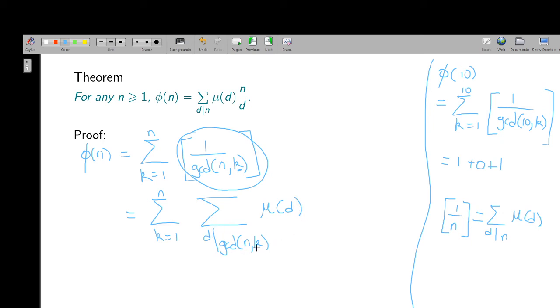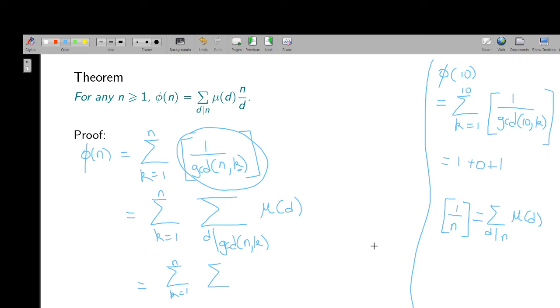Now there's one simple observation here. d will divide the GCD of n and k if and only if d divides both n and k. So this you can write as summation k going from 1 to n, summation d divides n, d divides k, of mu of d. I hope that is clear. If d divides the GCD of n and k, then we know that the GCD divides n and k, and therefore using transitivity we know that d divides n and d divides k.